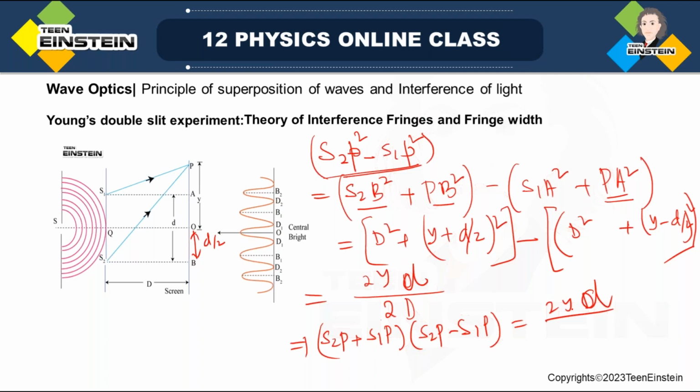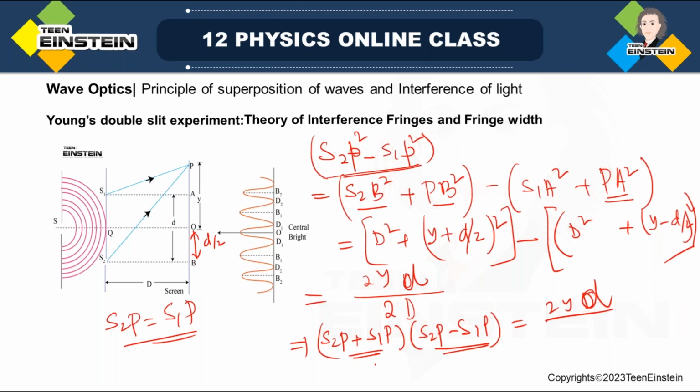For the simplification, since this point P is very near to O, S1P and S2P can be written as equal. S2P is equal to S1P. S2P and S1P are equal almost.